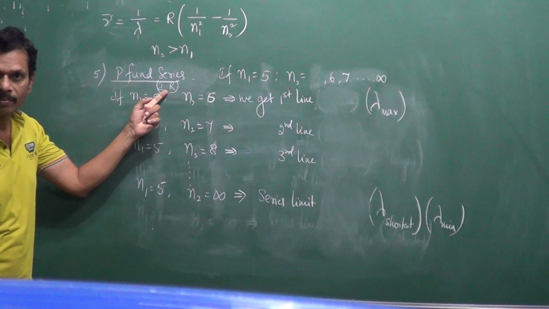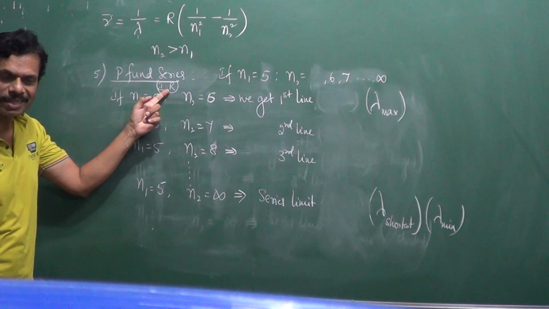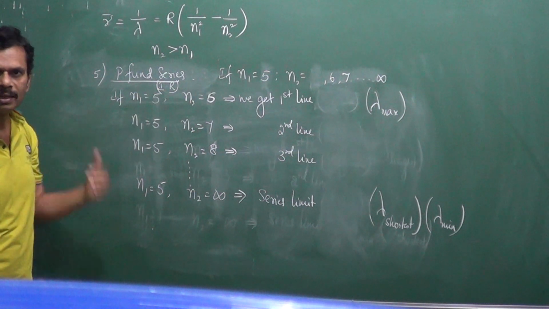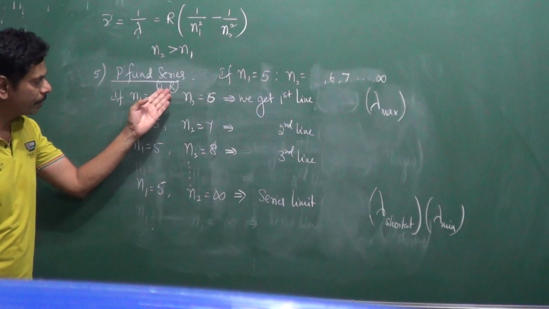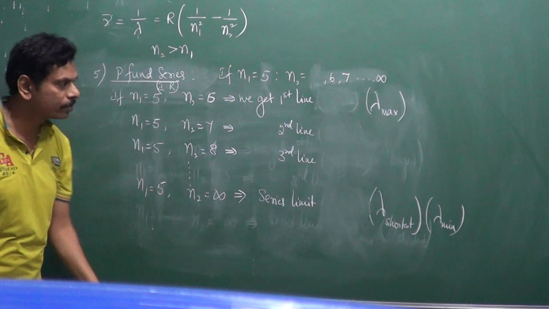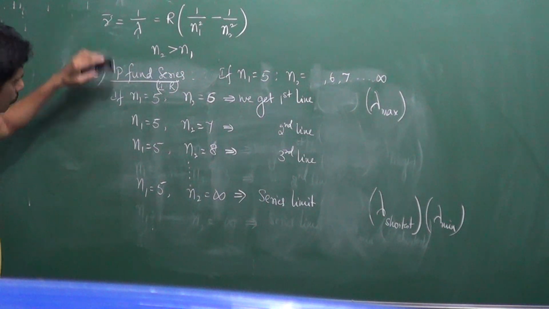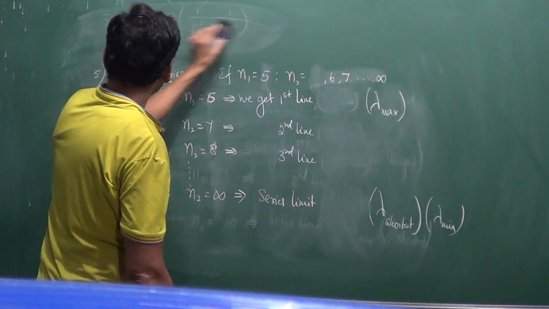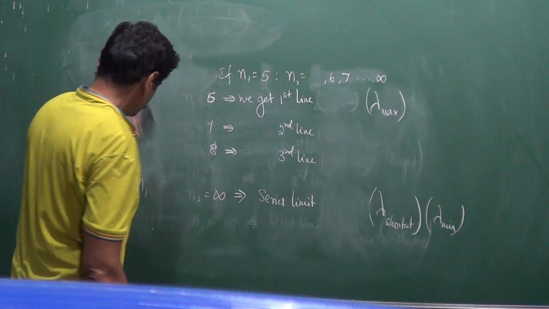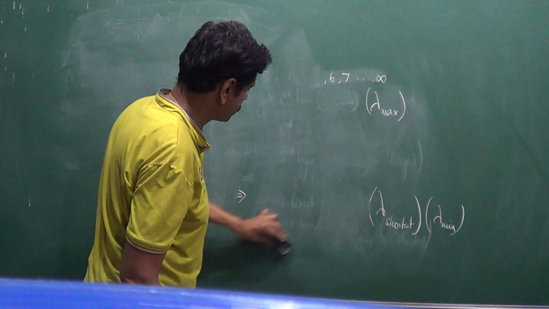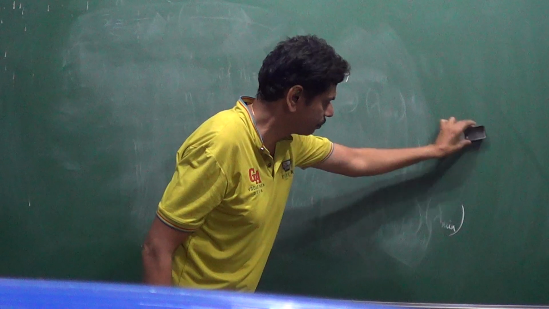IR radiations are not sensitive to our eyes, so I cannot see these IR radiations. So this is the spectral line explanation. Based on this, of course, we also have the Humphreys series, but let us not bother about that.